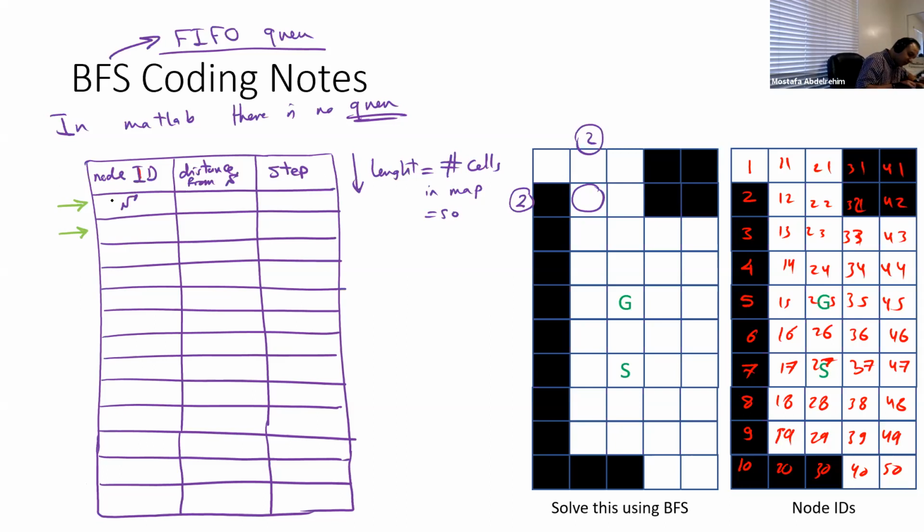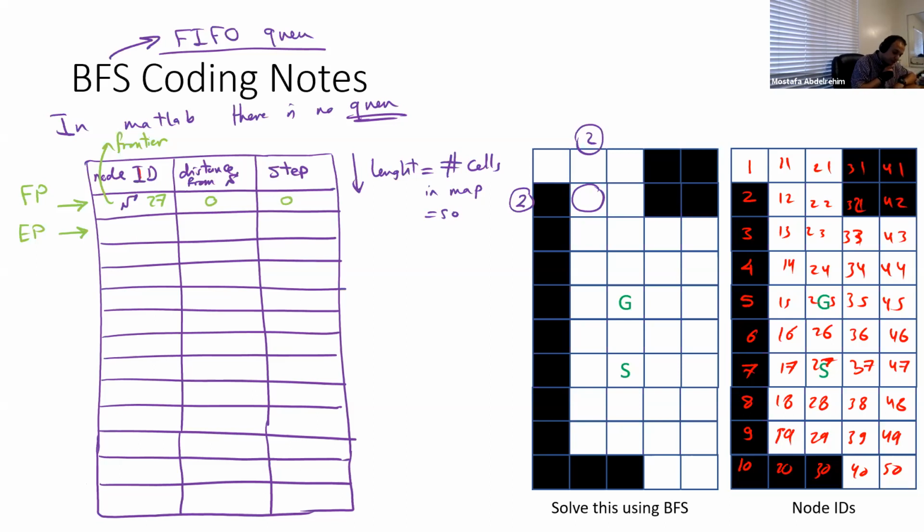So this is called the frontier. Okay, so this is a frontier pointer, and this is the exploration pointer, we can say. For the first node, which is the starting node, the ID is 27. The distance from the start is, of course, 0, and this is step number 0.